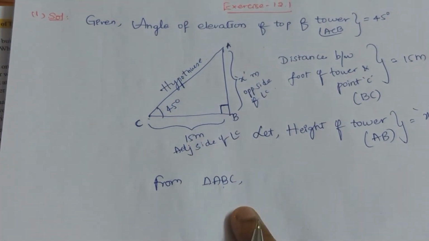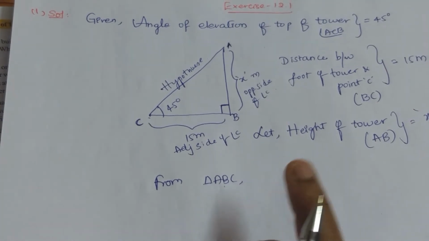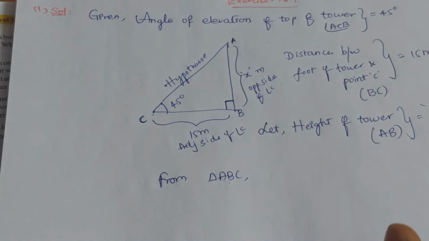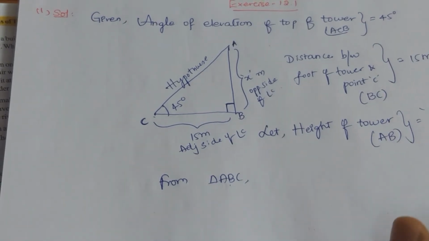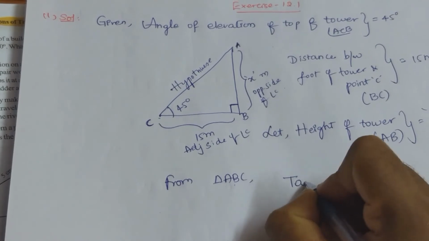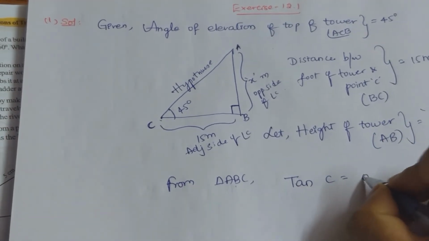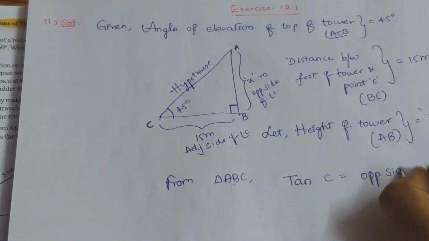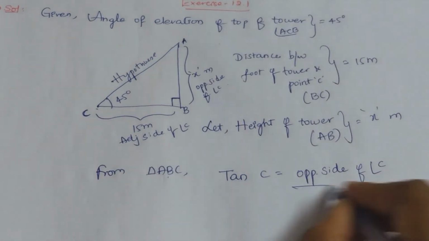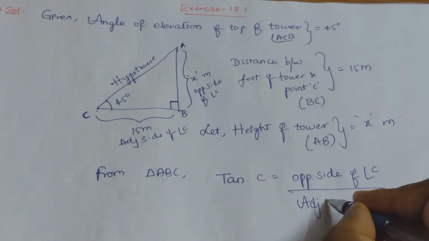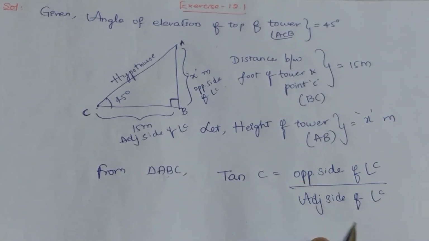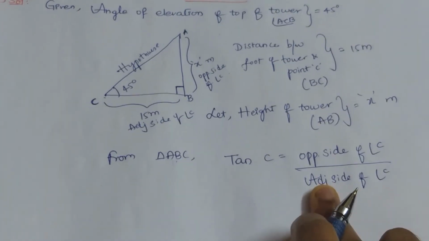So from triangle ABC, I am using the trigonometric ratio of tan. Here, tan C equals, what can we write here? Opposite side of angle C by adjacent side of angle C. Here I am writing the abbreviations OPP and ADJ, but in your exam you have to put it in full form.